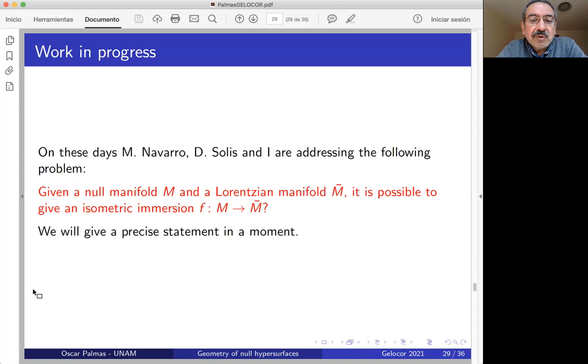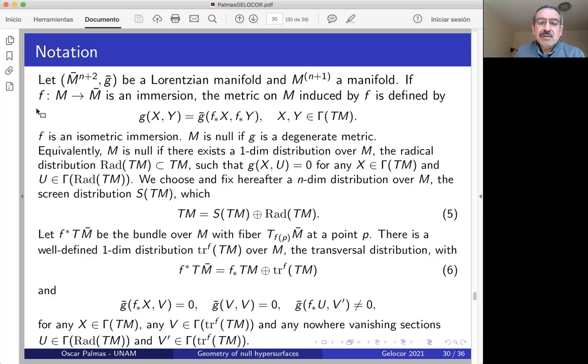If we have a null manifold and a Lorentzian manifold, M bar, when is it possible to give an isometric immersion of M into M bar? Let us give some precise statements in the following way.